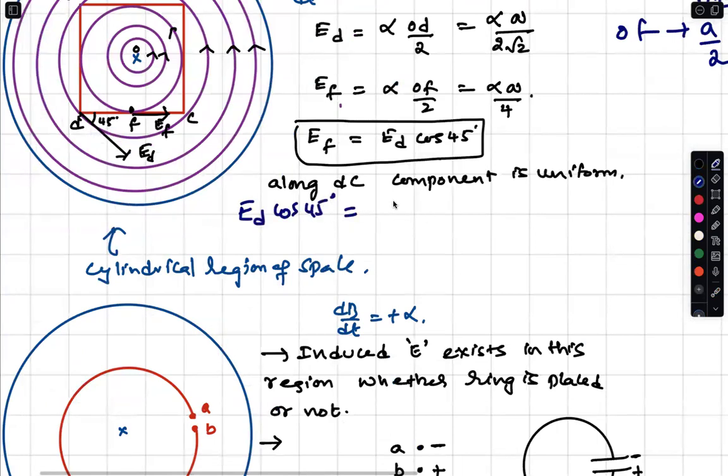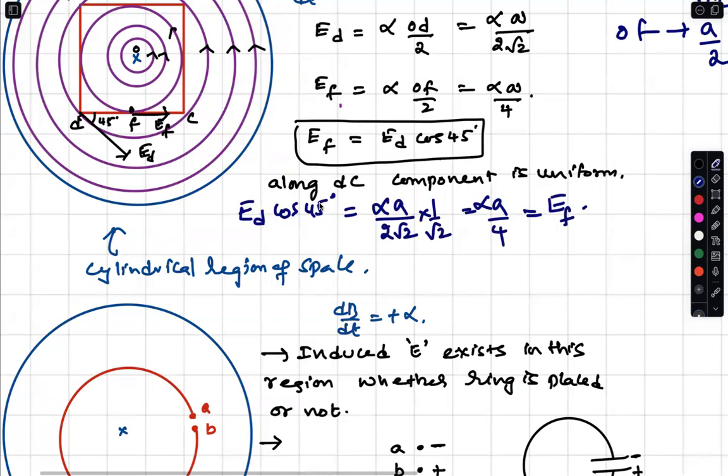ED cos 45 is alpha A by 2 root 2 into 1 by root 2, alpha A by 4. And this is EF. That's the deal. ED cos 45 is alpha A by 4, which is EF. Which means along the line DC, the component is uniform.